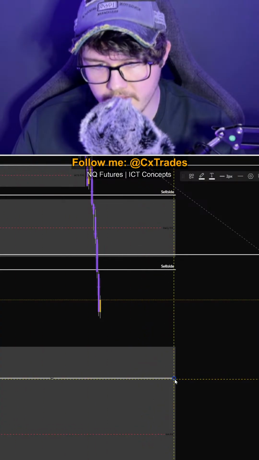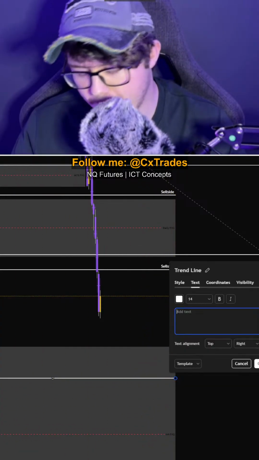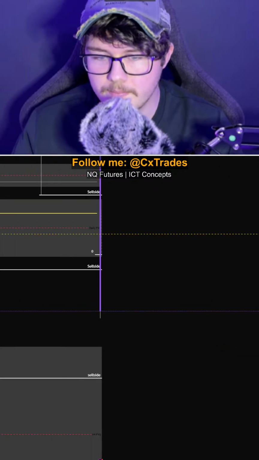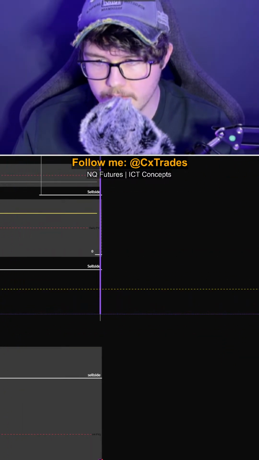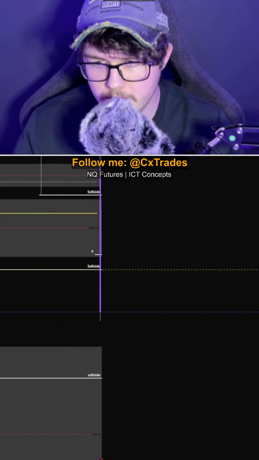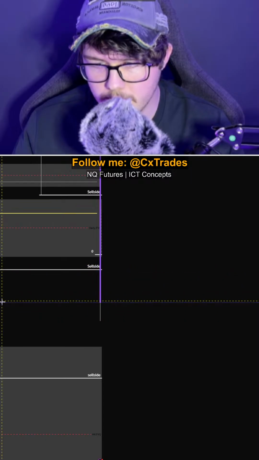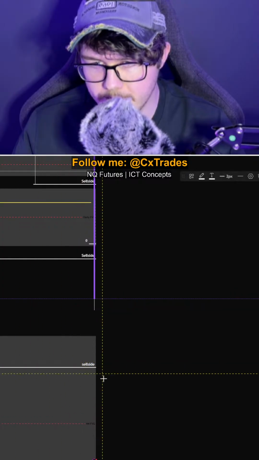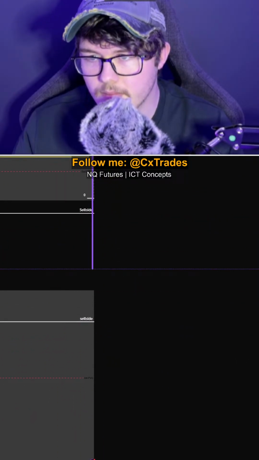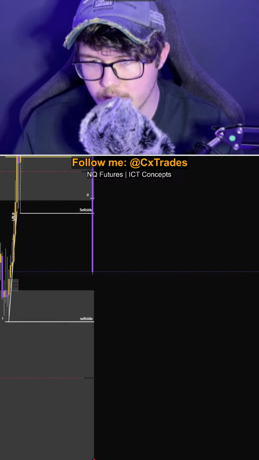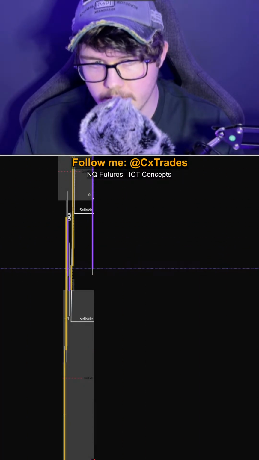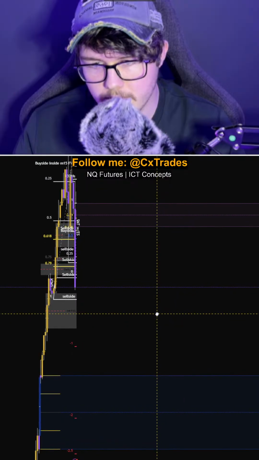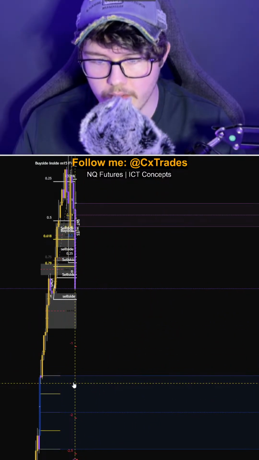Looks like we're currently inside this low resistance liquidity run. Yeah, I do want to see this low taken here now. But we just could keep going lower into the new week opening gap.